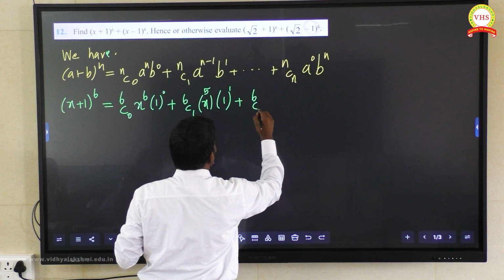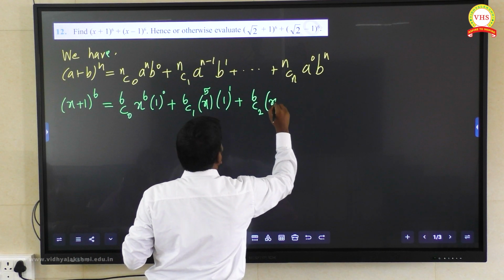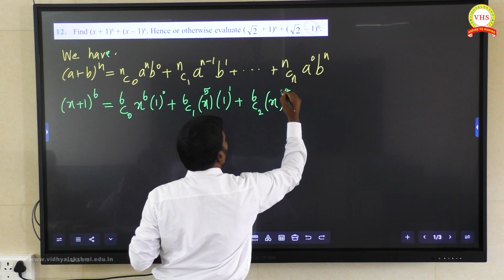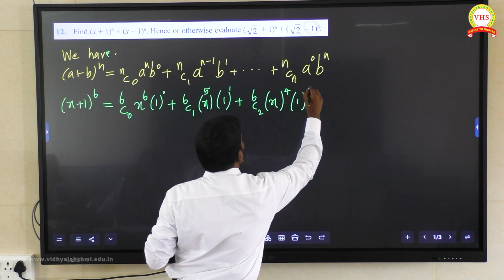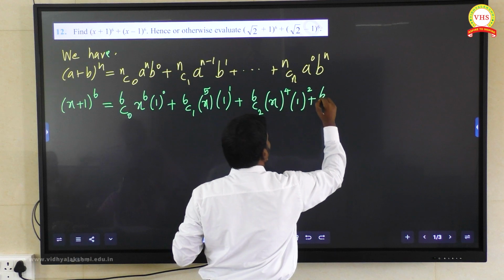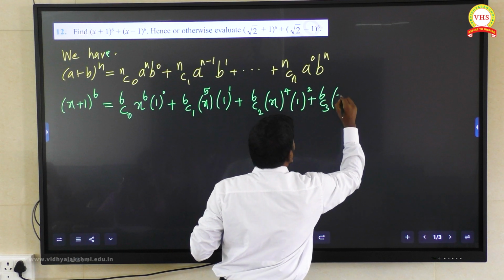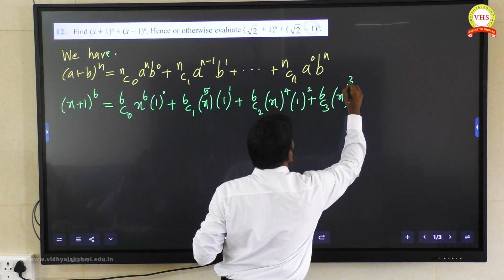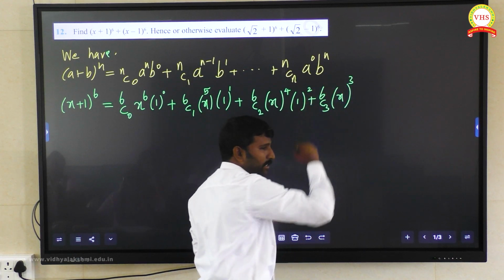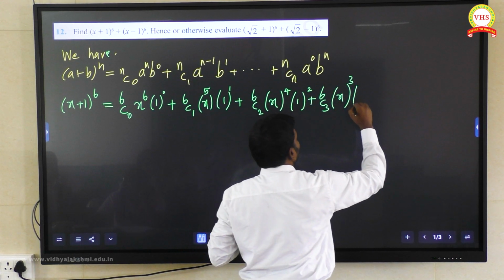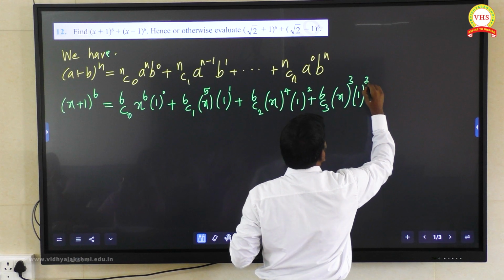So 6C2, x power 6 minus 2, power 4. This is 1 power 2 you will be getting. And 6C3 x power 6 minus 3, we have to subtract and write in the a power. Understand? And b power 1 whole power 3 you will be writing.